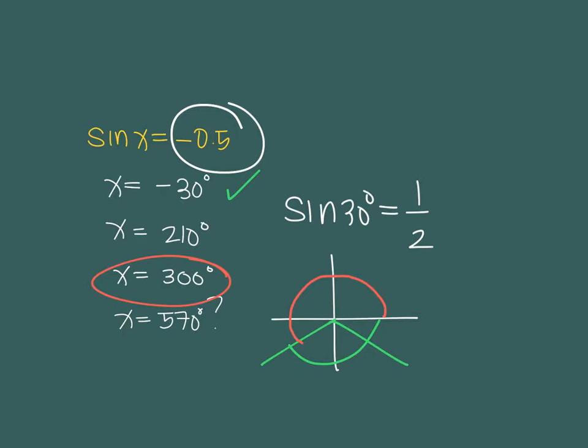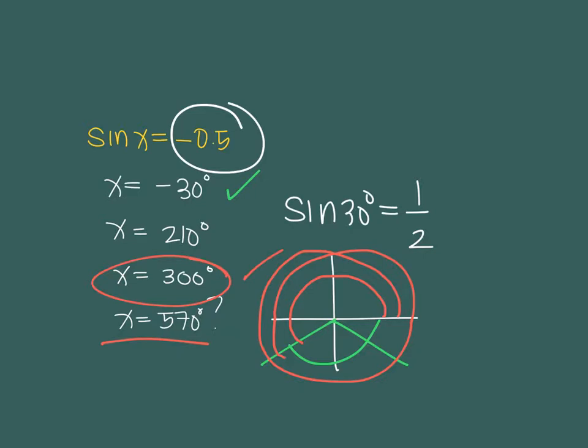So if you do the counterclockwise direction, you will get 300 as one of the answers. And let's check your suggestion 570. This came from 360, so one full rotation, plus 180, plus 30. Which is correct. Co-terminal angle.